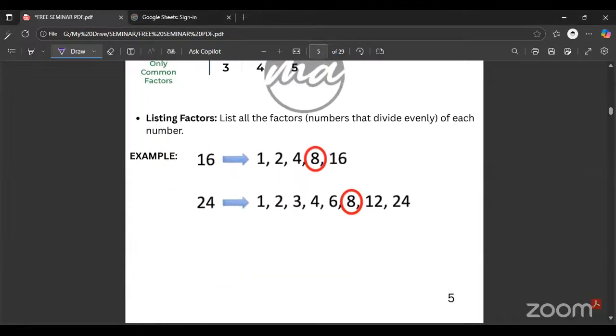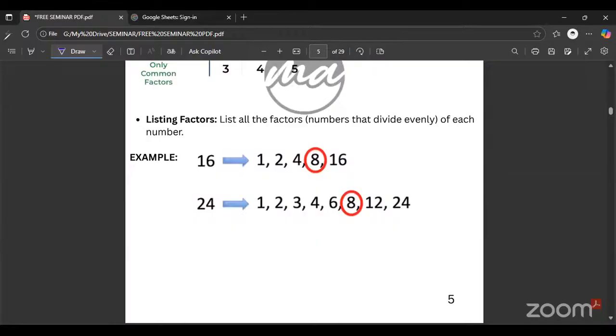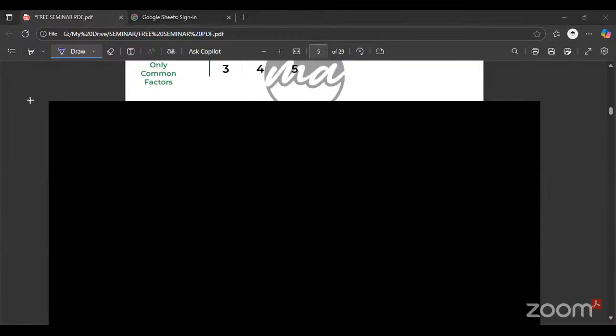Now, a second way of solving HCF is listing factors. List all the factors, the numbers that divide evenly, of each number. So how does that work? For example, if I give you 24 and 16.